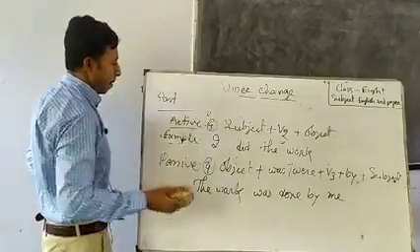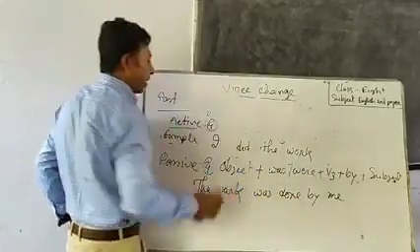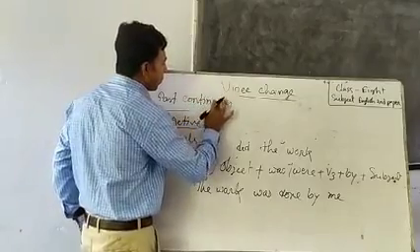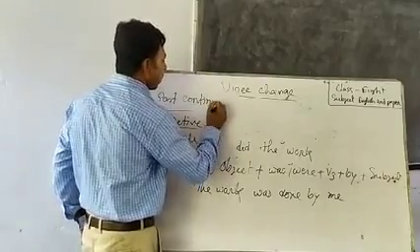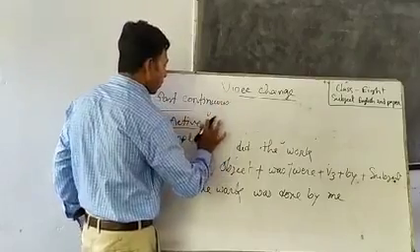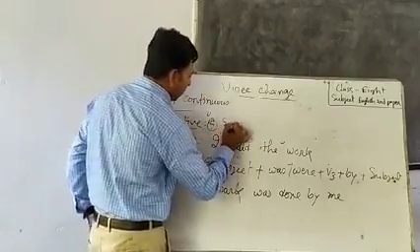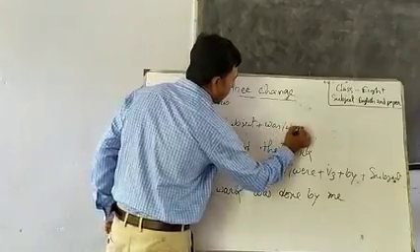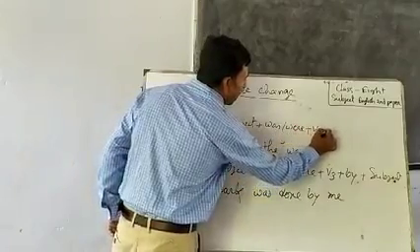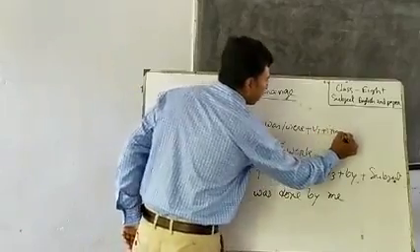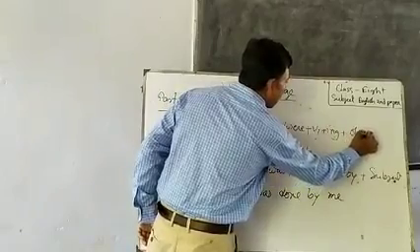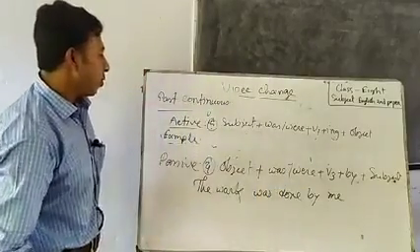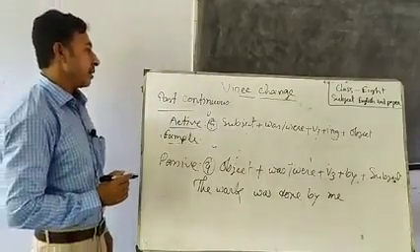Then I write past continuous tense. You see, I show here a structure: subject plus was, were plus verb 1 plus ing plus object.